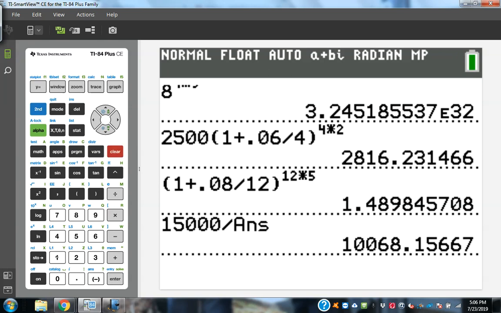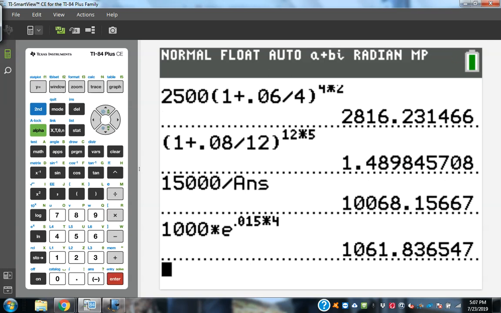So we're going to type 1,000 times second LN over here just beside the 4. And then we're just going to put in that information, 0.015 times 4 years. And this will tell us how much our account is worth that draws 1.5% interest compounded continuously for 4 years.